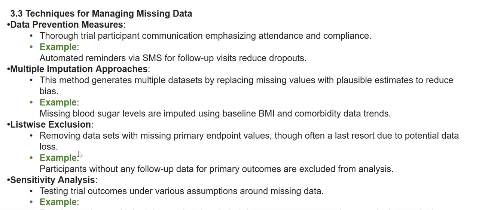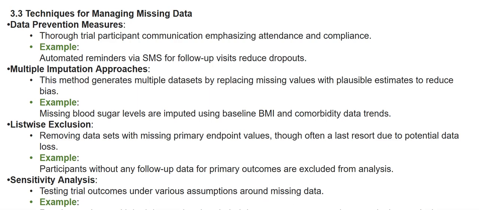List-wise exclusion, removing datasets with missing primary endpoint values, though often a last resort due to potential data loss. Example, participants without any follow-up data for primary outcomes are excluded from analysis. Sensitivity analysis, testing trial outcomes under various assumptions around missing data.